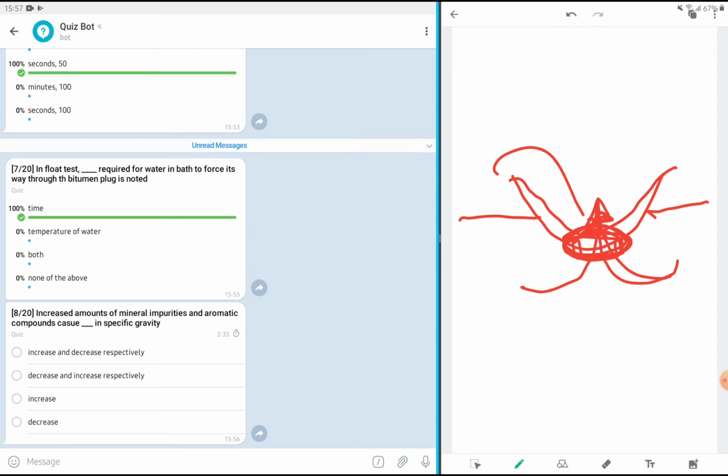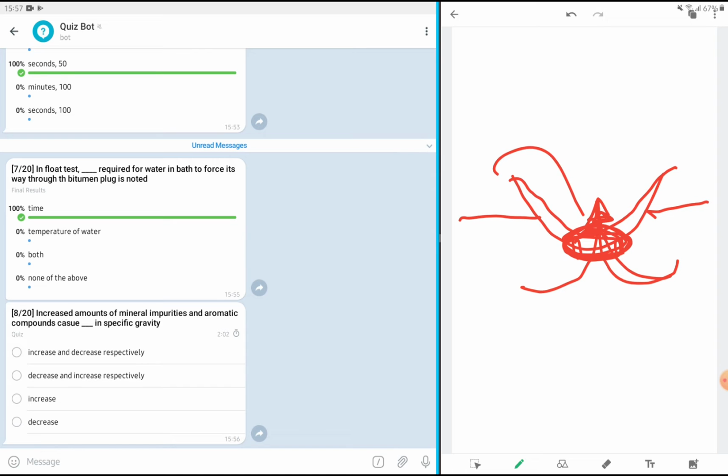It will have a perfect specific gravity value, but as you start adding impurities, minerals, aromatic compounds to that, it will cause changes in viscosity and fluidity values, and it will cause an increase in specific gravity. Whatever foreign material you insert in bitumen, it is going to cause an increase in specific gravity of bitumen.